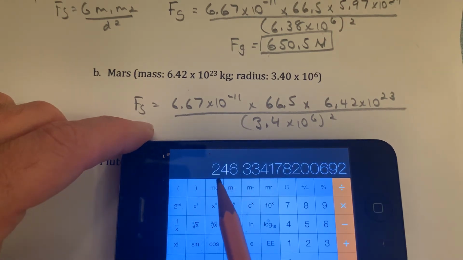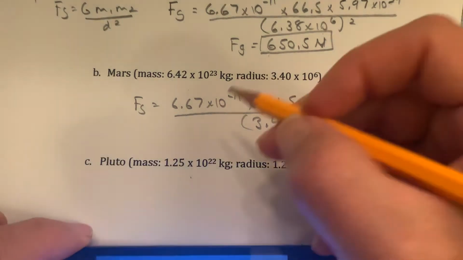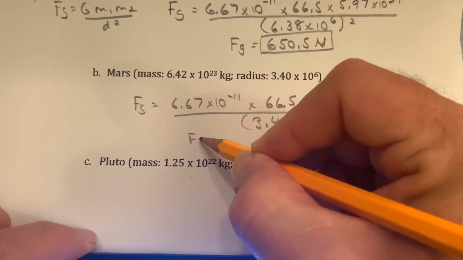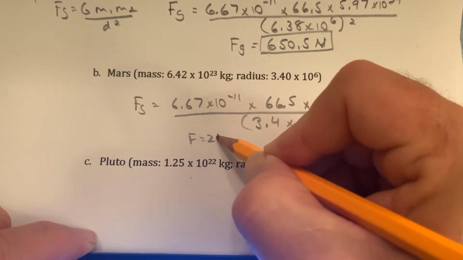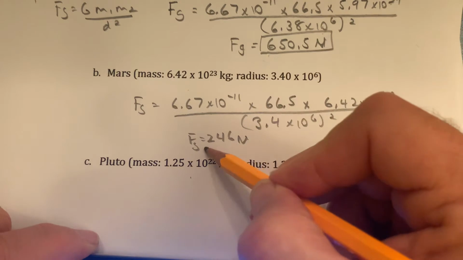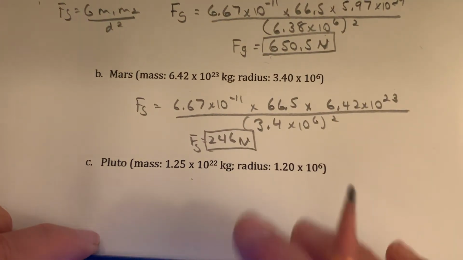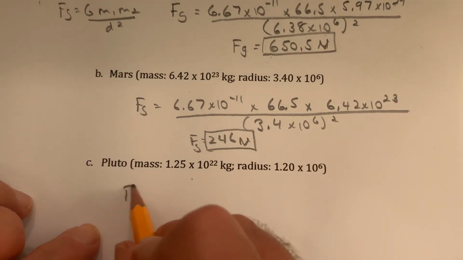And as we see, we get 246. So it is smaller than what it was on Earth. All right, and then we'll do the same thing with Pluto, and it should be even smaller.